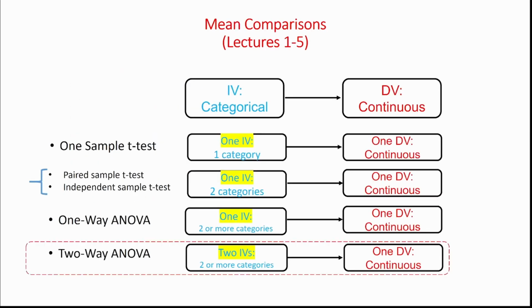Just a reminder that the difference between two-way ANOVA and one-way ANOVA is that two-way ANOVA has two independent variables. So it's very different from all the prior tests. All the prior tests we have discussed only have one independent variable, but two-way ANOVA has two independent variables.